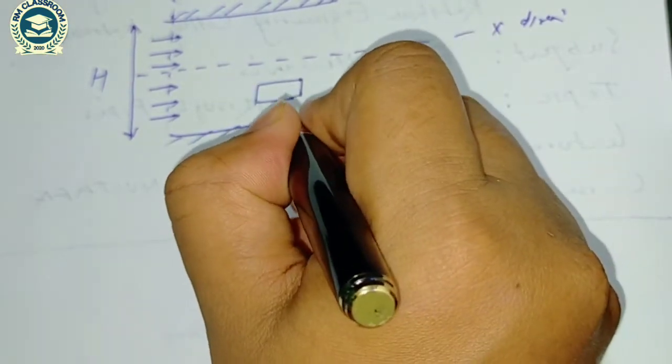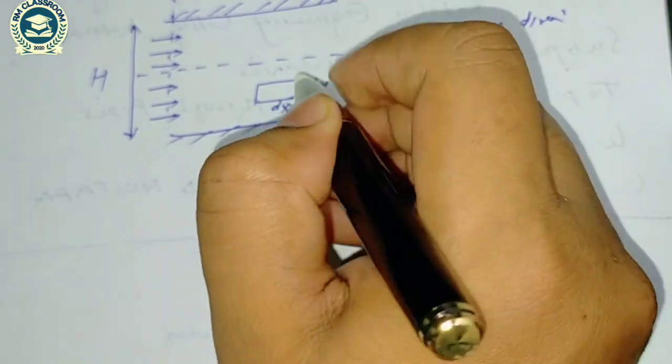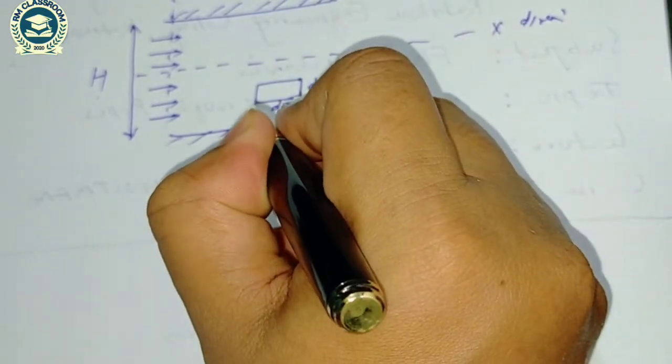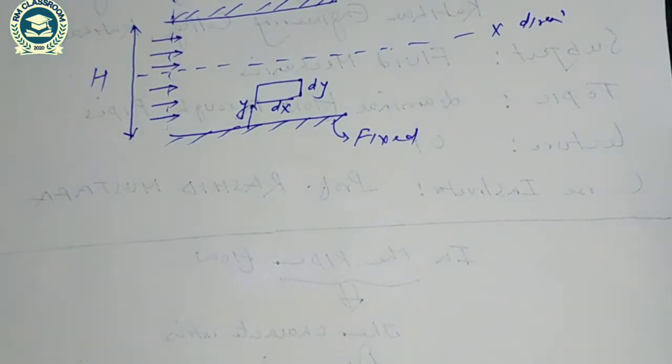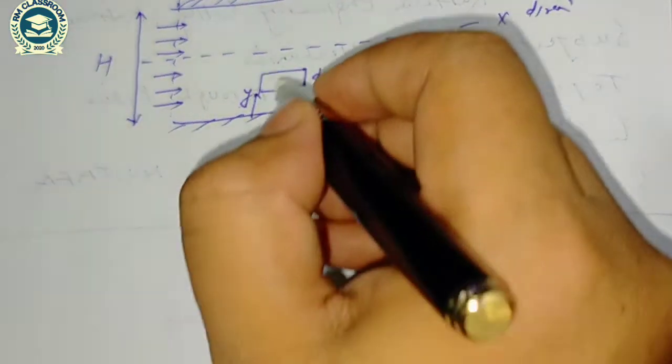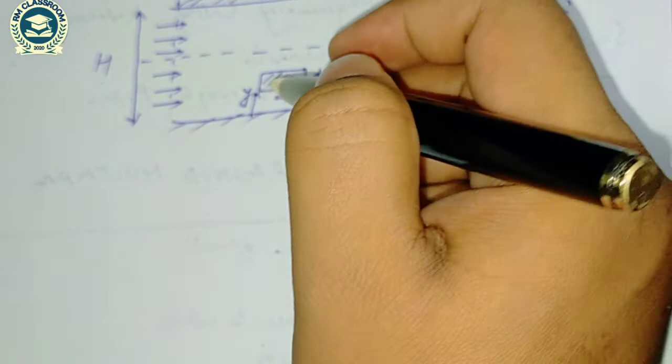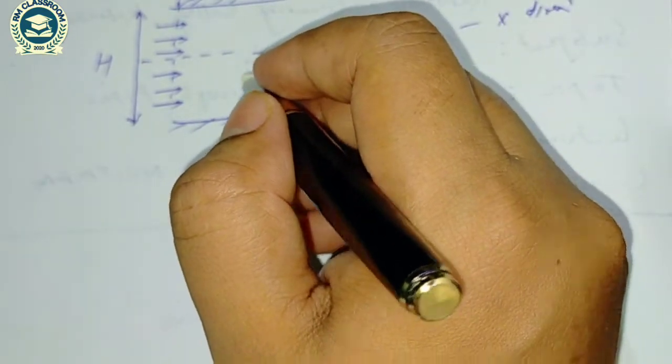So let us assume this is dx and this is dy, and this is at a distance of y from the bottom fixed plate. So I have taken the fluid element. This is our fluid element system.